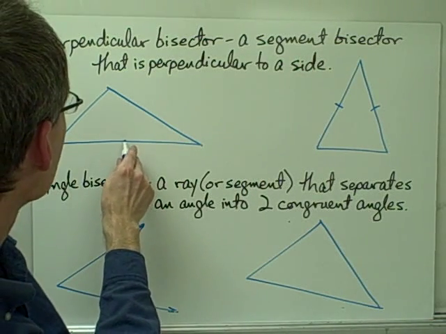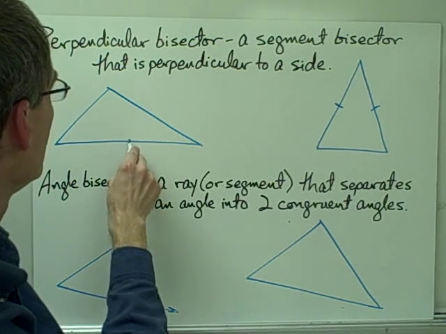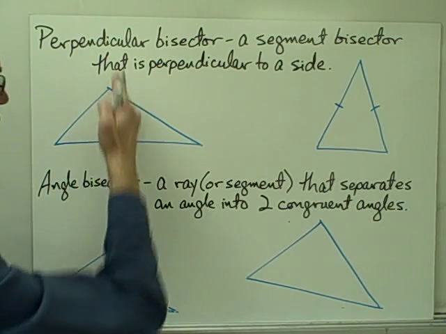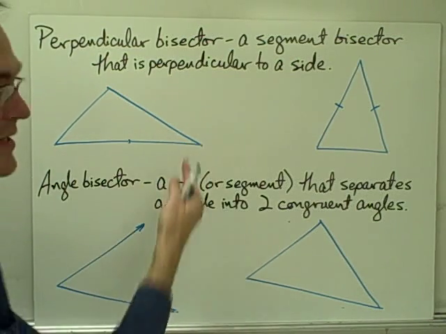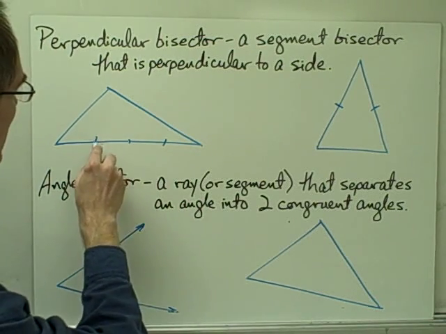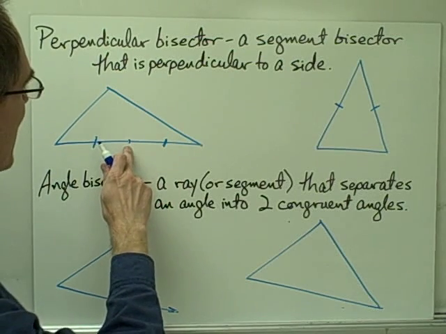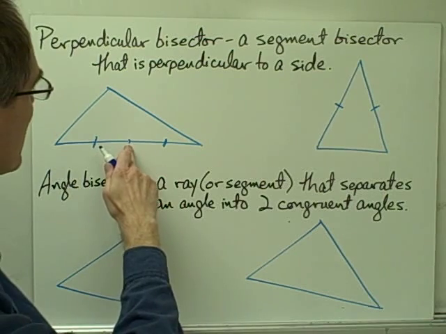So if I'm going to bisect this side of the triangle, that means I've got to draw a line that divides this segment, that is this side of the triangle, into 2 congruent segments. So these 2 segments are going to have to be congruent. And I need my bisector to be perpendicular, and it needs to go through this point here.